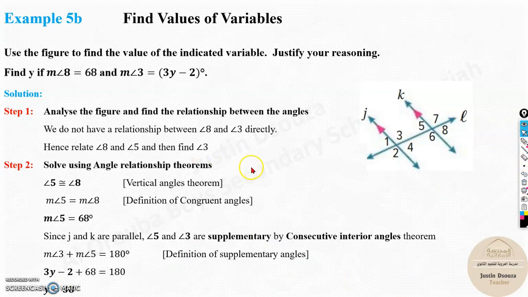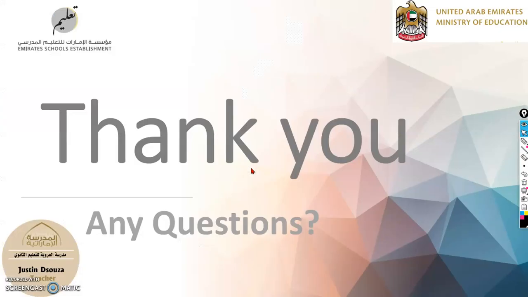So this is how we can solve these problems. That is the end of this lesson. It's a very simple and easy lesson. Just remember the relationships between a transversal and parallel lines: alternate interior, alternate exterior, or same side, that is consecutive interior angles, and a few other things like vertical angles.